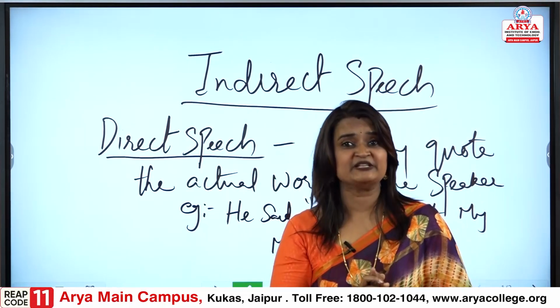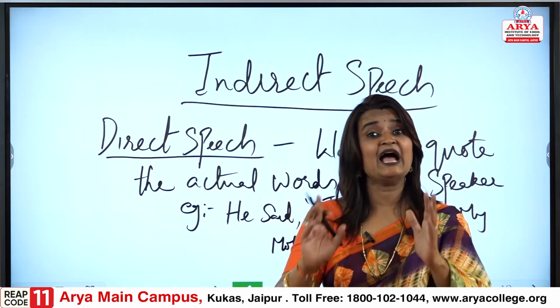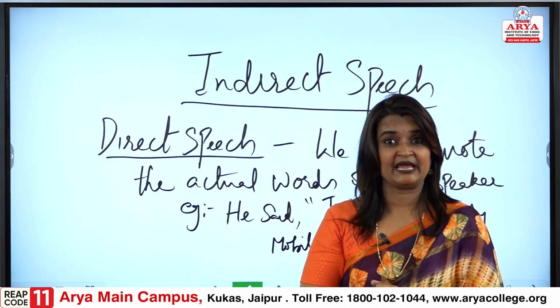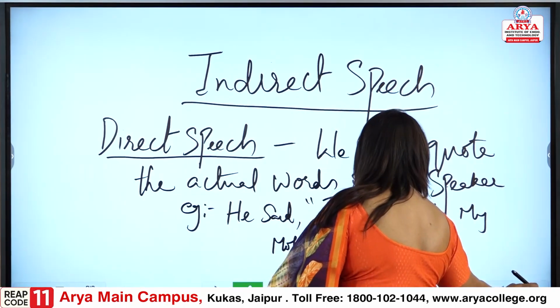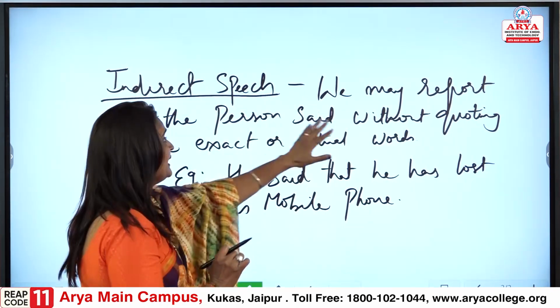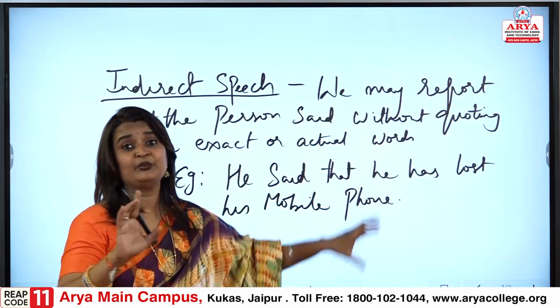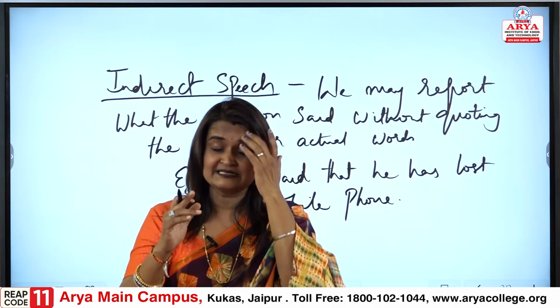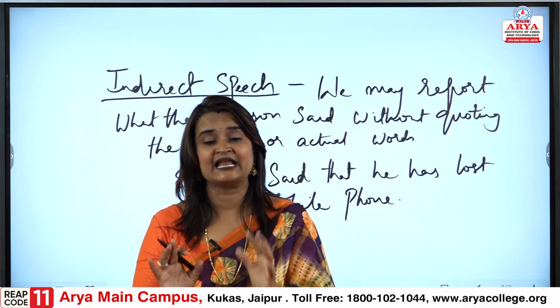That is direct speech, the first person saying, "I have lost my mobile phone." But in indirect speech, we are reporting what the first person said. I am not exactly quoting what the person said, I am reporting it.